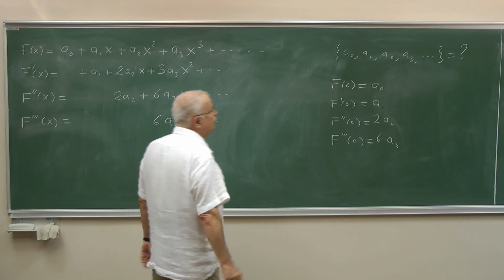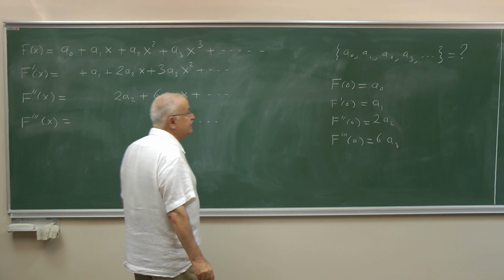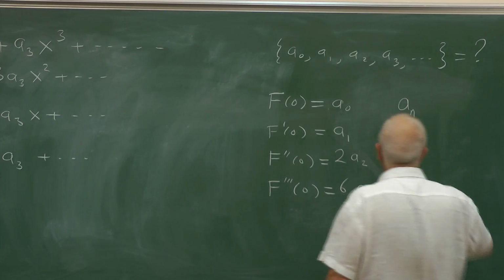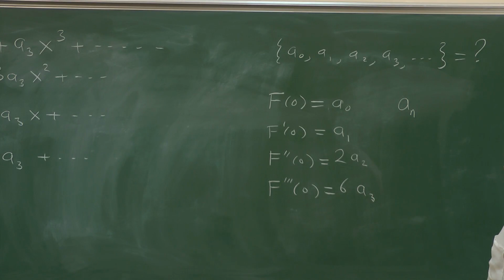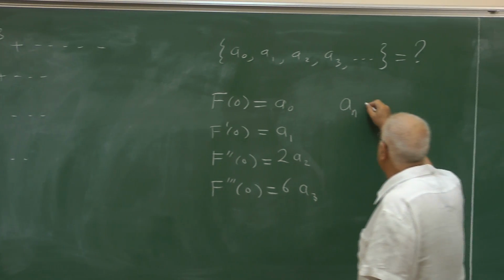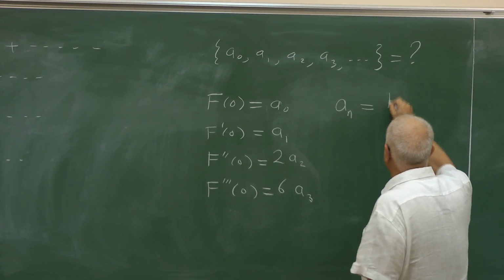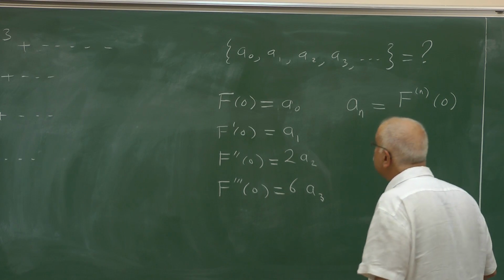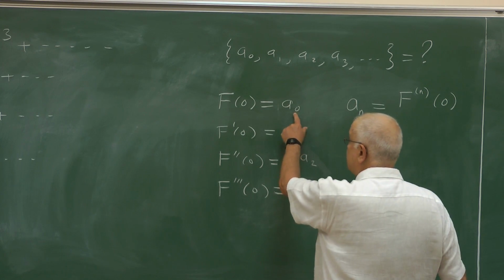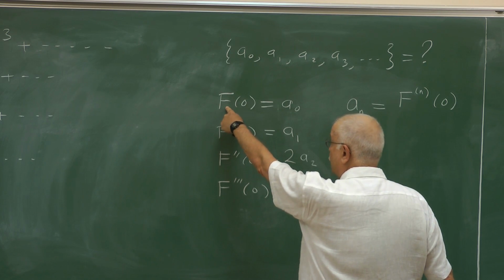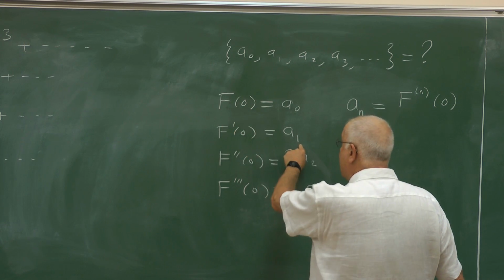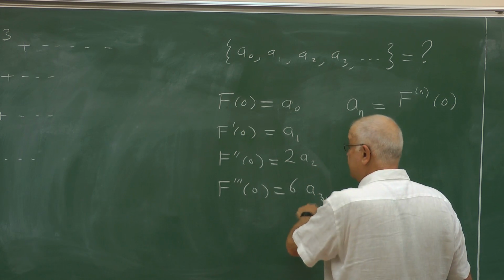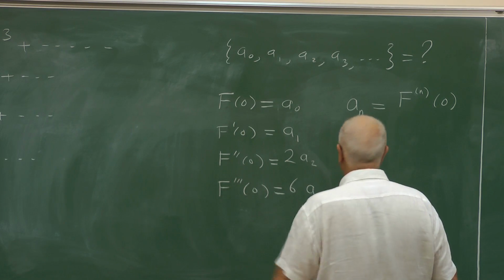I think we have enough information to realize that the general coefficient a sub n, first of all, is the nth derivative evaluated at 0. a0 is the zeroth derivative of f evaluated at 0. a1 is the first derivative at 0. a3 is related to the third derivative at 0.